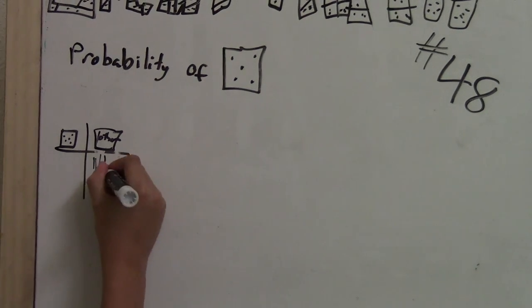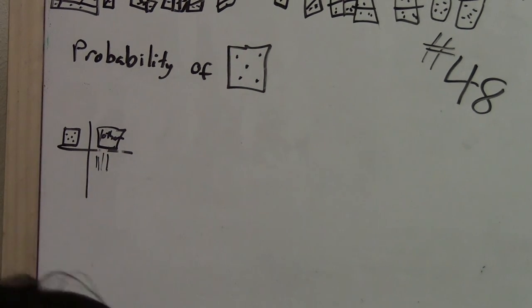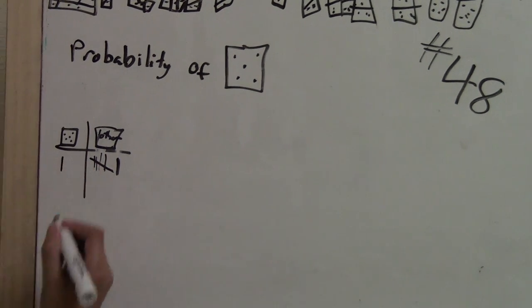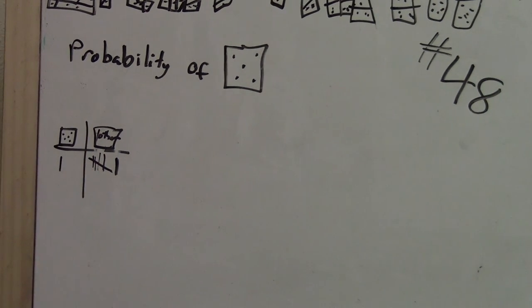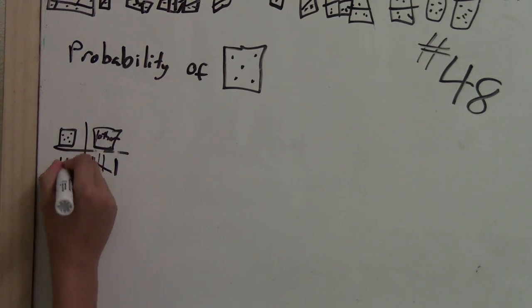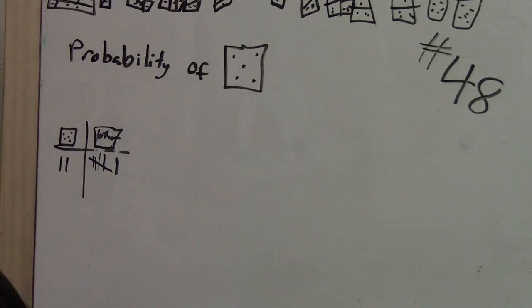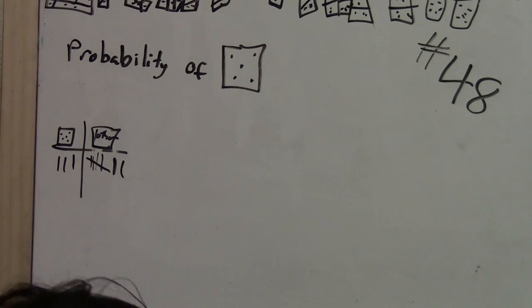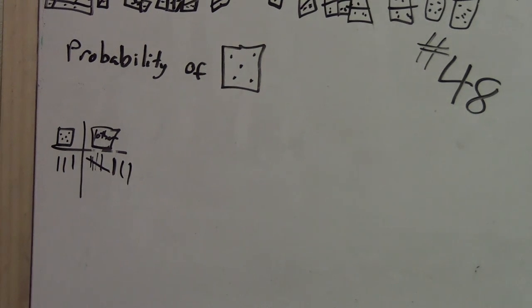Tell the number you get. 2, 3, 6, 5. Yay! 5, 2, 5, 6. Yeah, okay, this way is just gonna take forever, so let's not do this way.